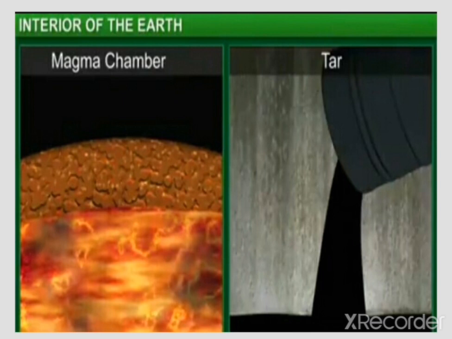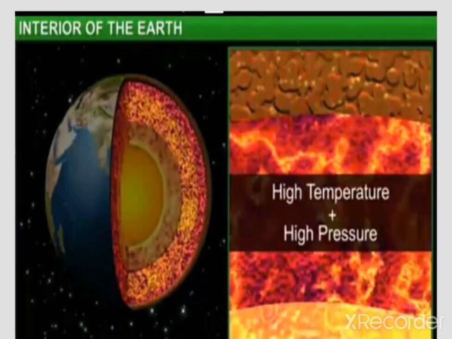Got it, everyone? Then why is there a sudden change in the material structure and the density of the material in this layer? Why is it? Yes, because in this layer high temperature and high pressure is located. Due to this, there is a sudden change in the material's structure and density. Got it? Then how much temperature is located in this layer?